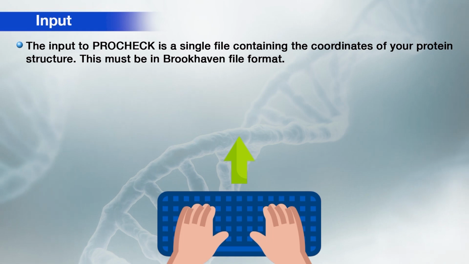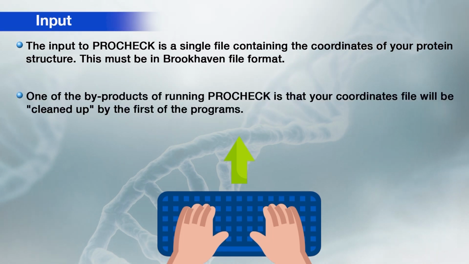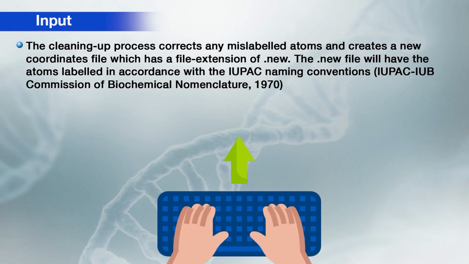This must be in Brookhaven file format. One of the byproducts of running Procheck is that our coordinates file will be cleaned up by the first program. The cleaning up process corrects any mislabeled atoms and creates a new coordinate file with a .new extension.